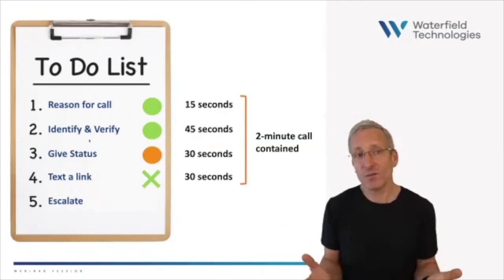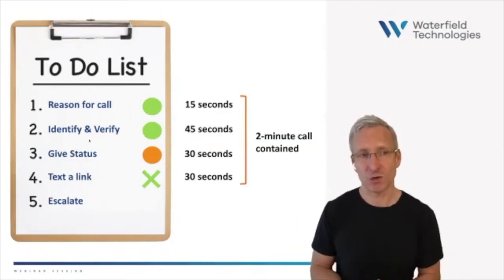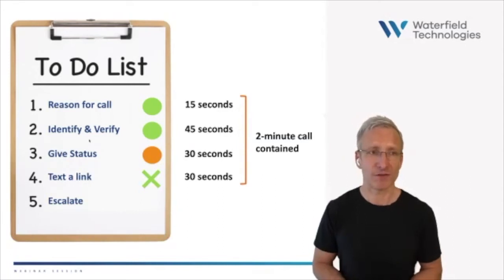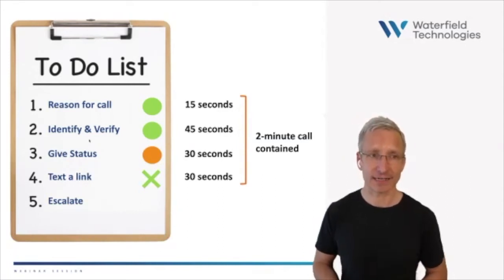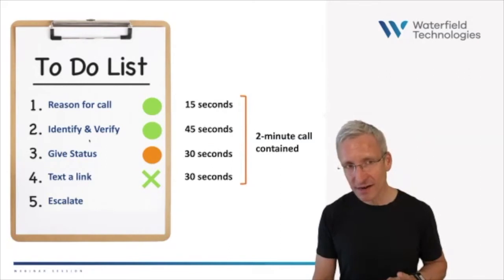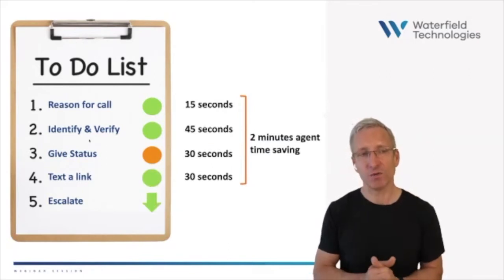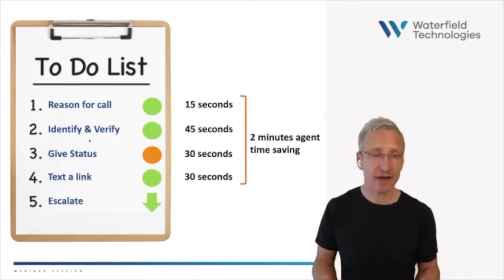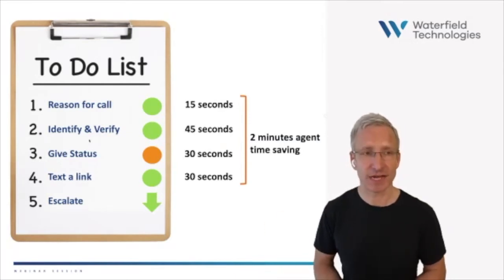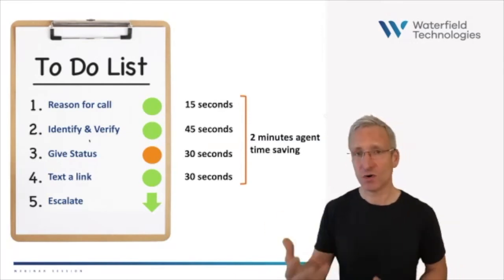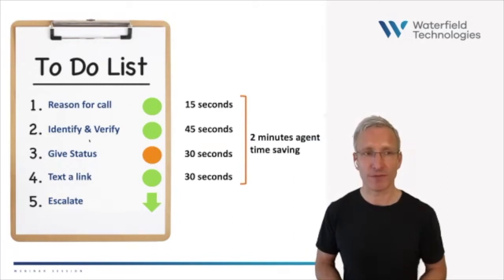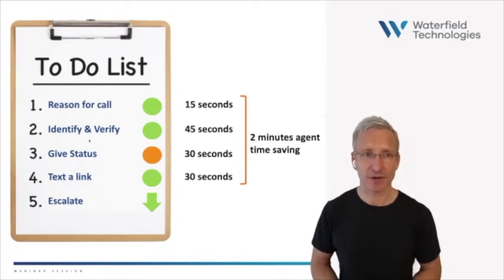So in total, we've perhaps contained a 2-minute call there when the customer hangs up or walks away from their chat session after getting that link. But we could have a non-contained call where we text the link and they get that okay, but then they go on to speak to an agent about another task, or to go deeper on the query they started with the chatbot.